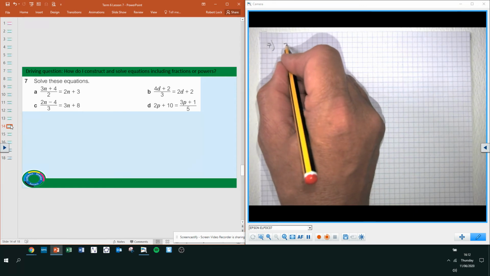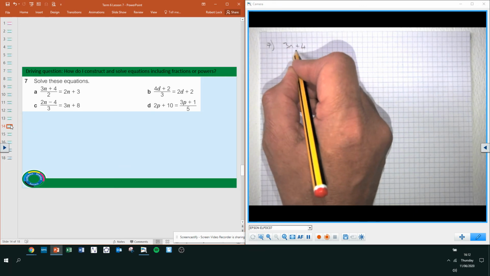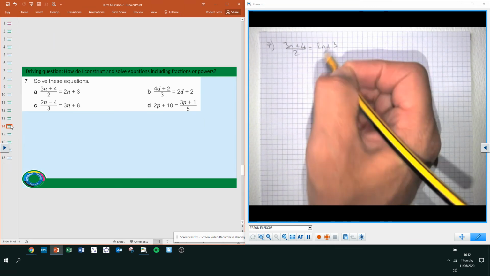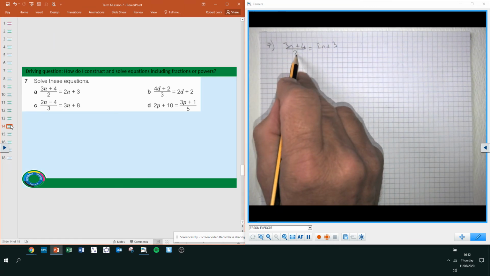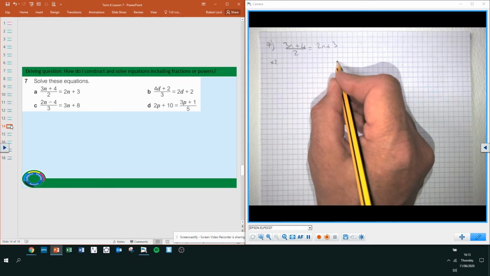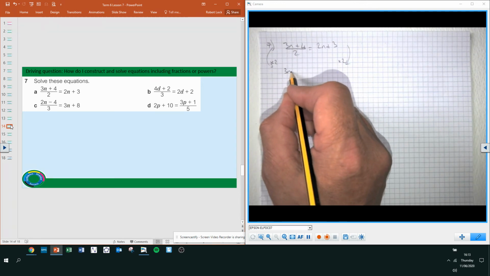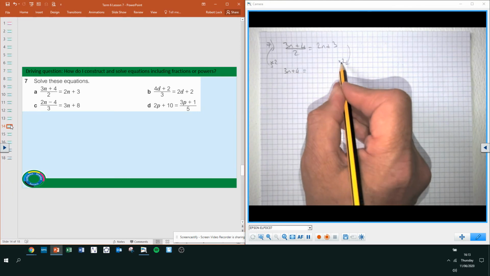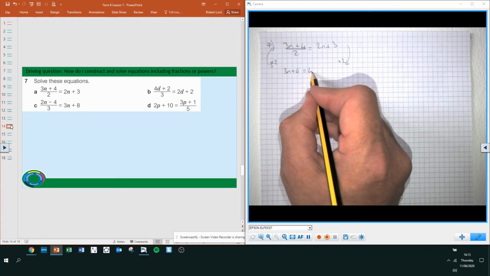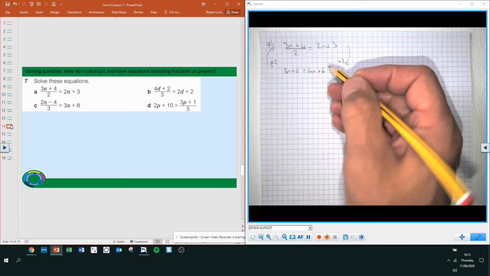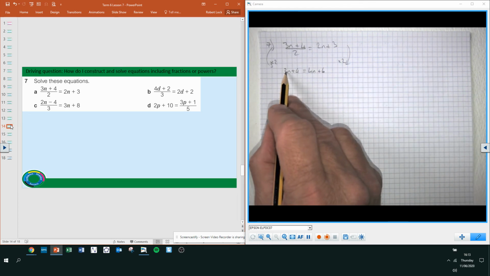7. 3n plus 4 all over 2 equals 2n plus 3. So get rid of the divide by 2, we times everything by 2. Then 3n plus 4 equals 2 times 2n is 4n, 2 times 3 is 6. Most of the letters are over here, so we take these away from them.